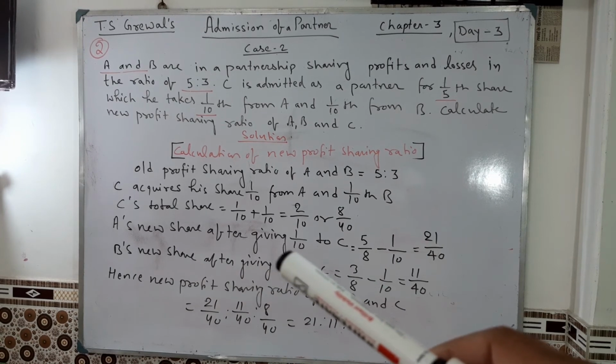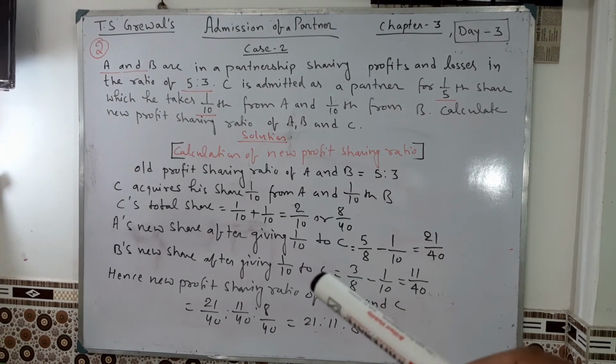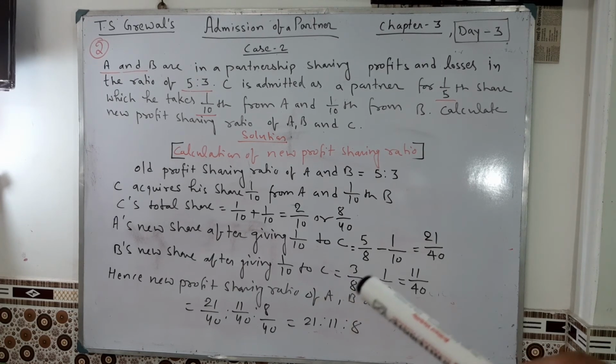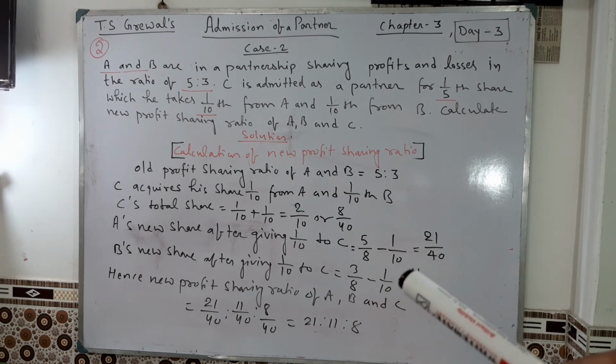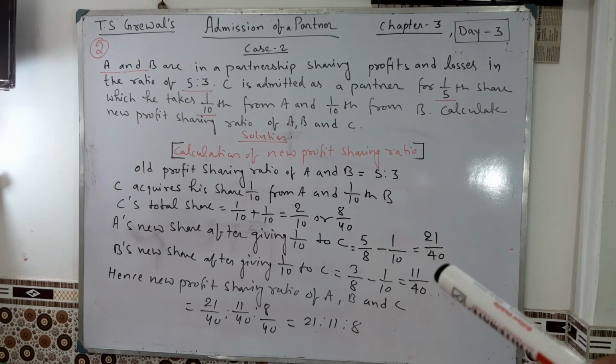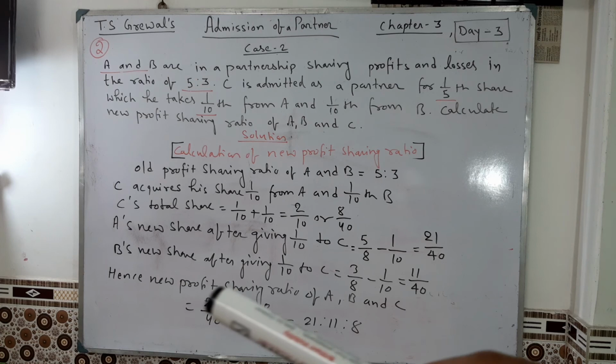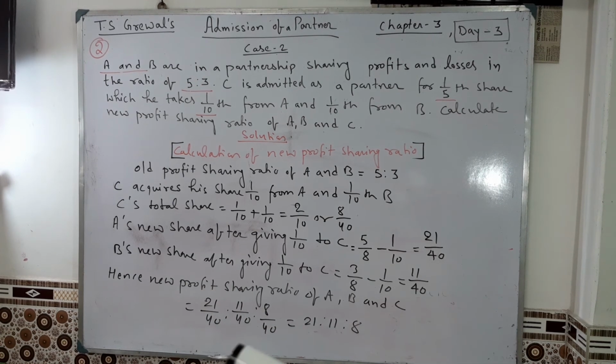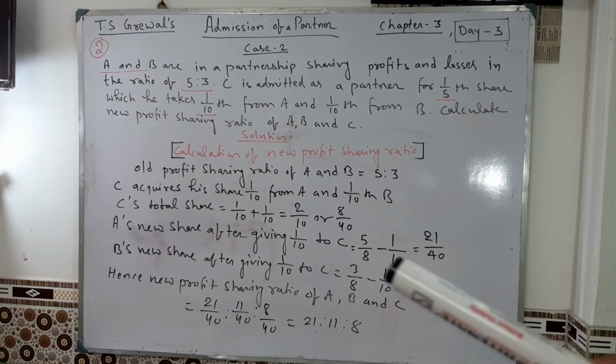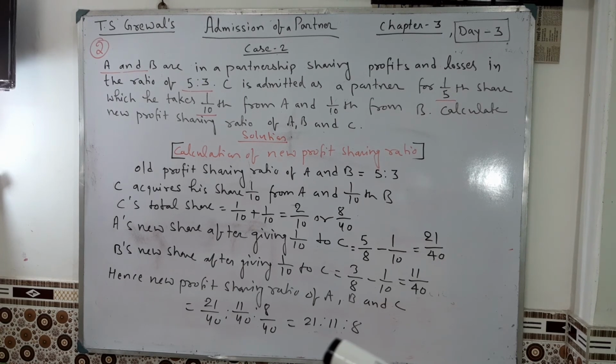A's new share after giving 1/10 to C is 5/8 minus 1/10, which is 21/40. B's new share after giving 1/10 to C is 3/8 minus 1/10, equal to 11/40. Hence the new profit sharing ratio of A, B and C is 21/40, 11/40 and 8/40, so 21 is to 11 is to 8.